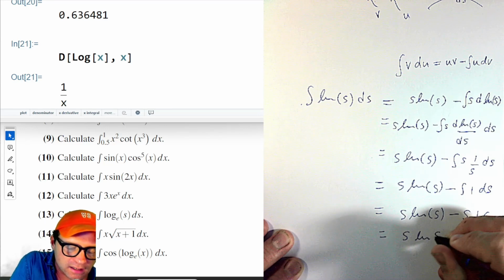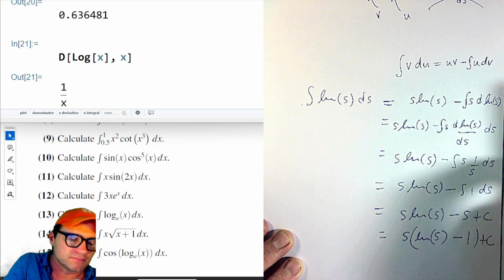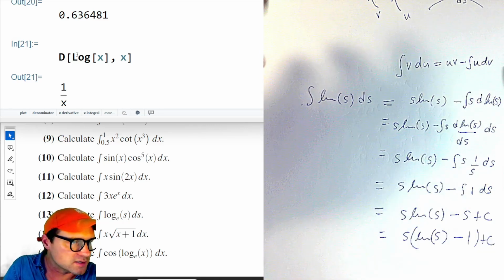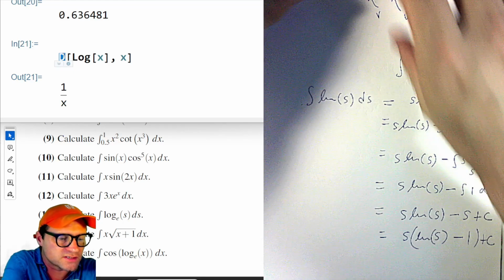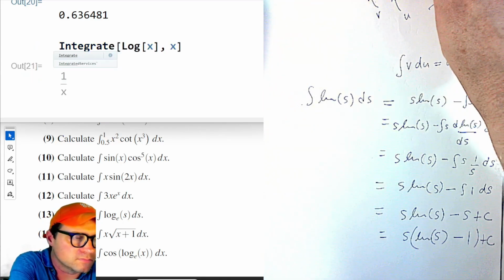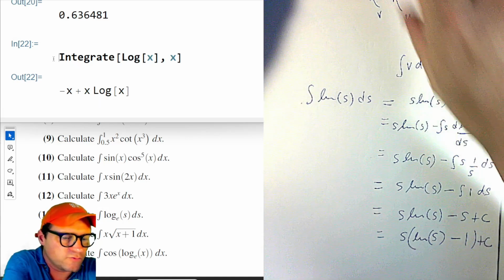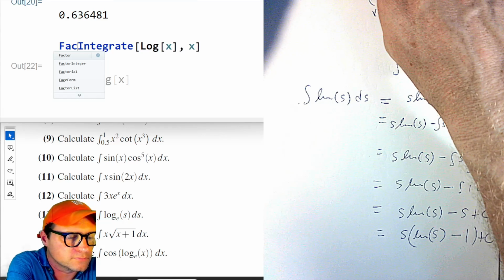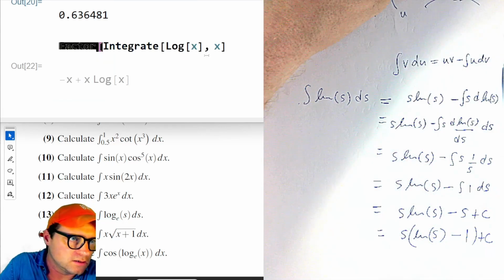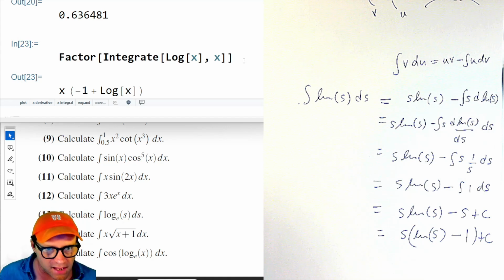S ln s minus 1 and then plus c. Okay, is that right? So if I integrate this, yes, that's exactly what we get. And if we factor, we would pull out the common s.